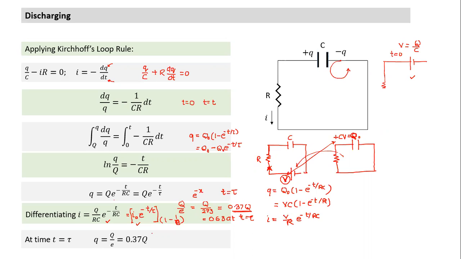We differentiate this value and we get I. In this case, what will happen? Just write the value of Q. RC, because the resistance is the same. What is Q naught? If the same battery was used, Q naught will be equal to VC. And what is the value of I here? Minus V by R e raised to power minus t by RC.